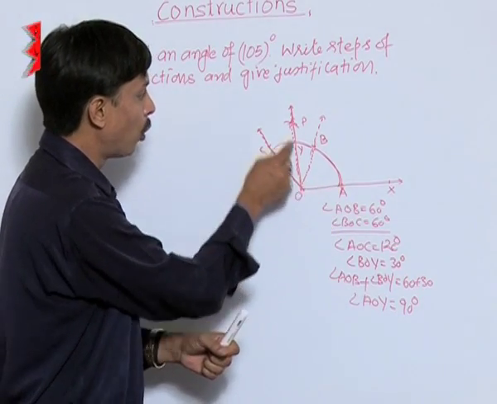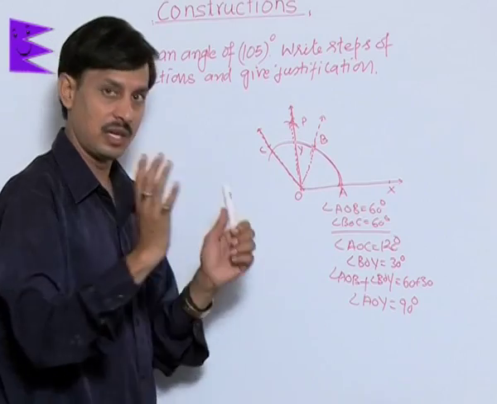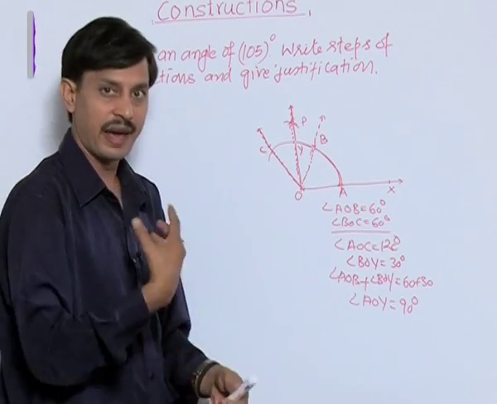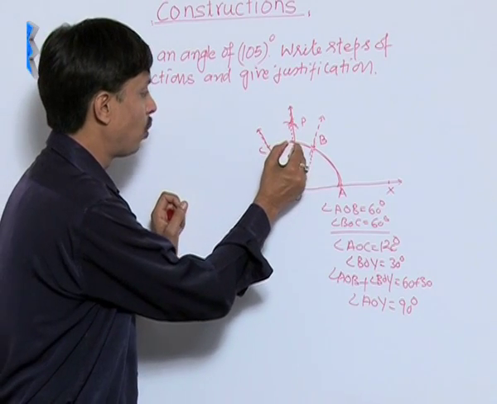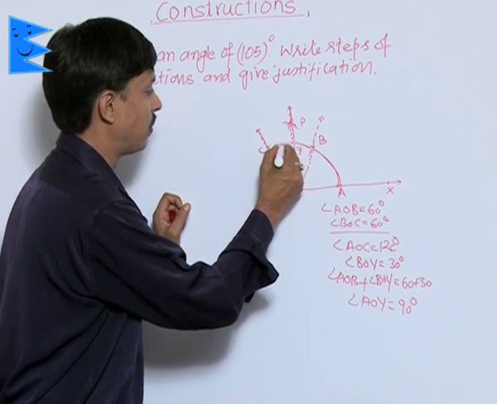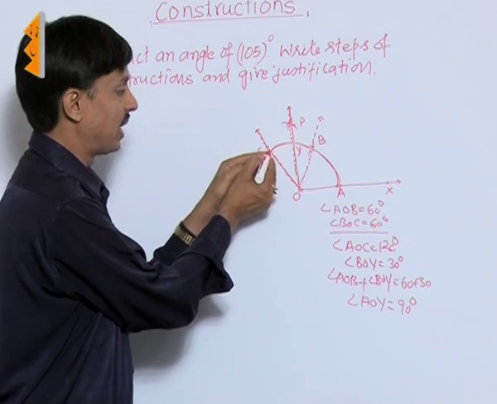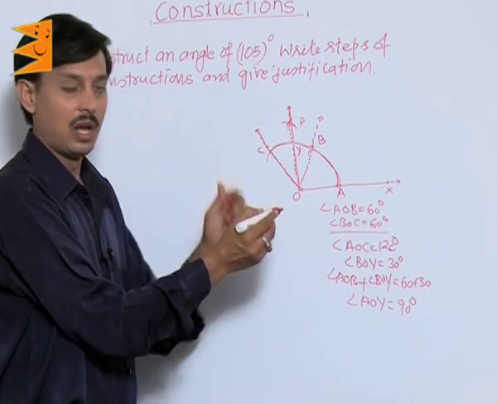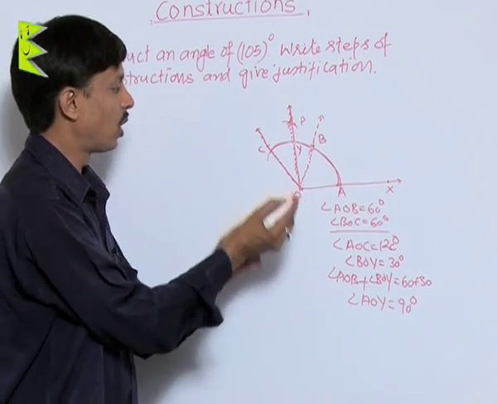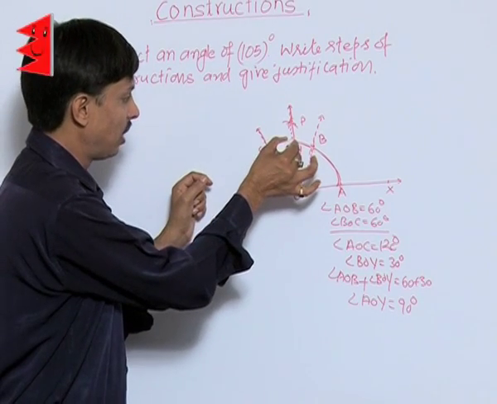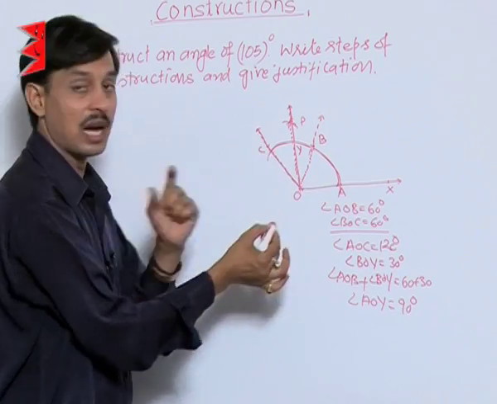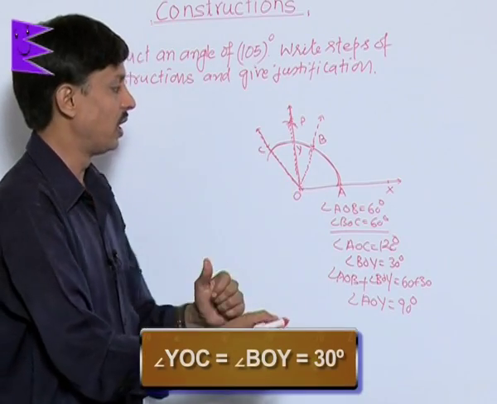This angle AOP or AOY is 90 degree as explained you with the reason. Now I have to bisect this arc CY, taking C as center and Y as center. Radius or length of arc more than half of CY. You know angle YOC is how much? YOC is 30 degree.